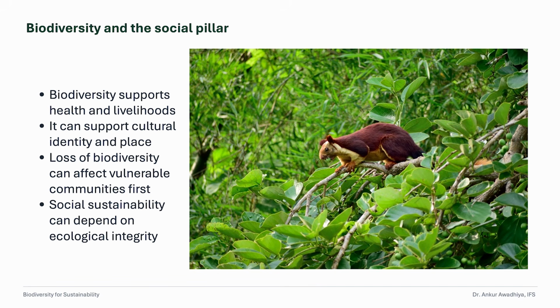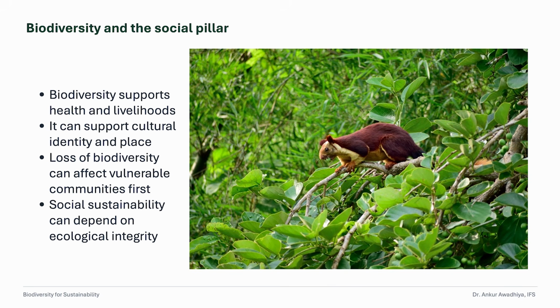Biodiversity supports health and livelihoods in many direct and indirect ways. It can provide food, medicine, fuel, water security, and ecological conditions that support agriculture and fishing. It can also support cultural identity and a sense of place through folklore, traditional knowledge, and sacred relationships with landscapes and species.